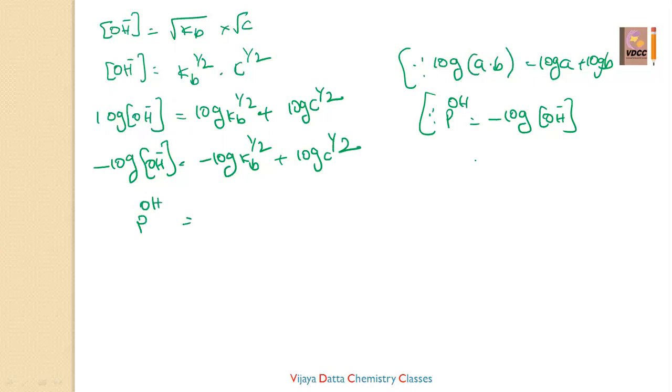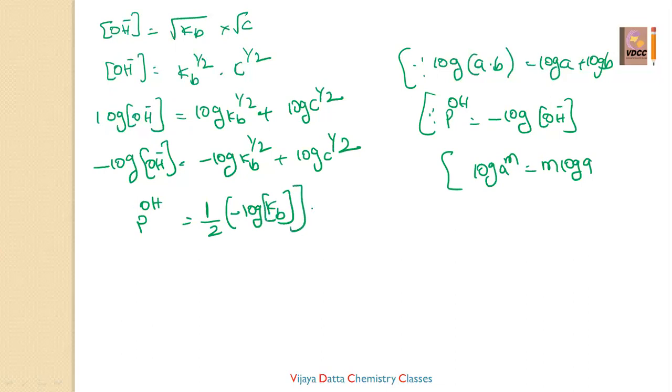Here one thing, log A power M becomes M log A. So I'll bring half to the front. Then it is half into minus log Kb plus half log C. Can I write negative logarithm of Kb is nothing but pKb? pKb plus half log C.